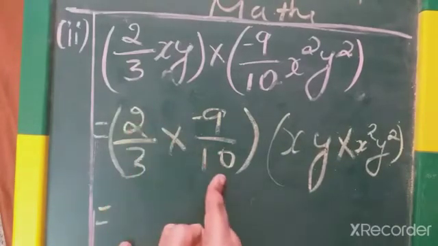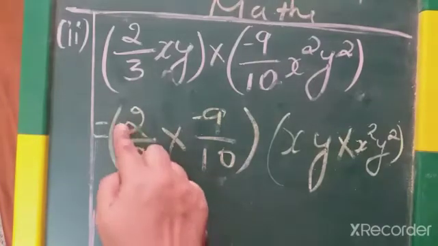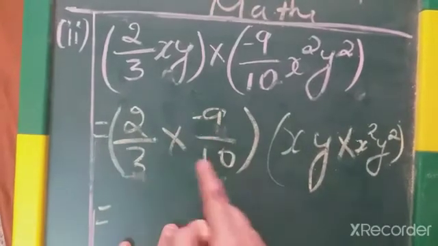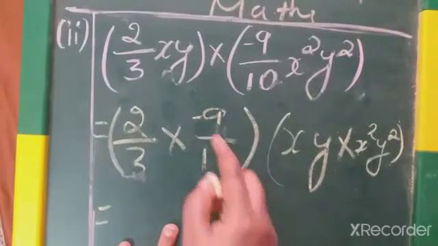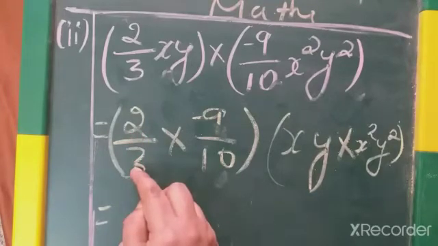So 2 and 10 both can be divided by the same table, and 3 and 9 we can divide by the same table. One rule: you should not cancel numerator into numerator, or denominator into denominator. Above the line is the numerator, below the line is the denominator.